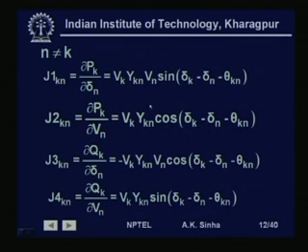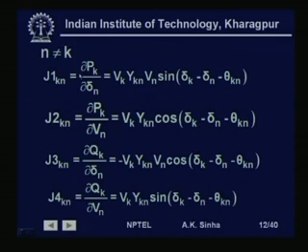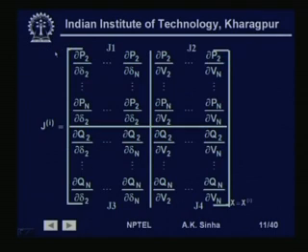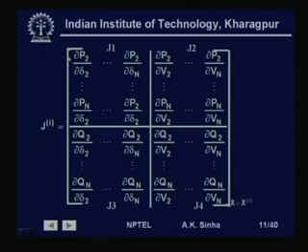Now, how do we compute the elements of the Jacobian matrix? If we see, the elements of the Jacobian matrix for J1 is del P by del delta. Now, we can calculate the values for n not equal to k, that means for the off-diagonal terms.